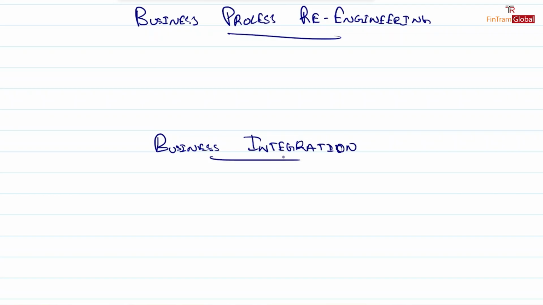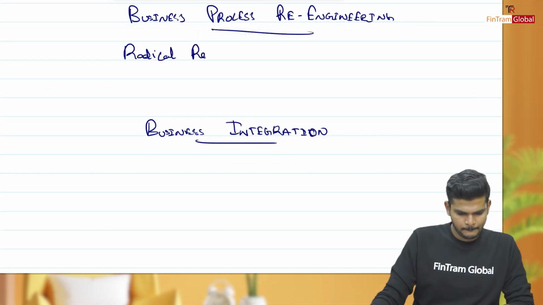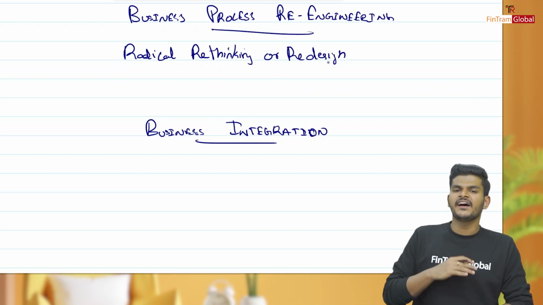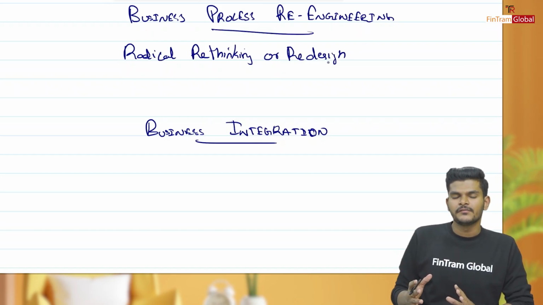So, what's the meaning behind both these terms? Business process reengineering, or BPR, is basically the radical rethinking or redesigning of the entire structure of the organization.